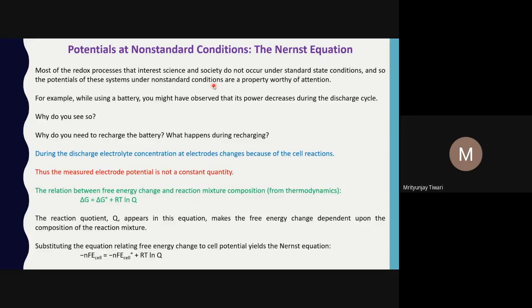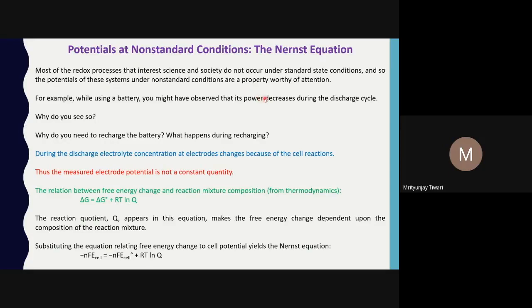Even the pressure sometimes changes, the atmospheric pressure and other things. And the concentration can also change during the course of the reaction. So most of the redox processes that interest science and society do not occur under standard state conditions, and the potential of these systems under non-standard conditions is a property worthy of attention.